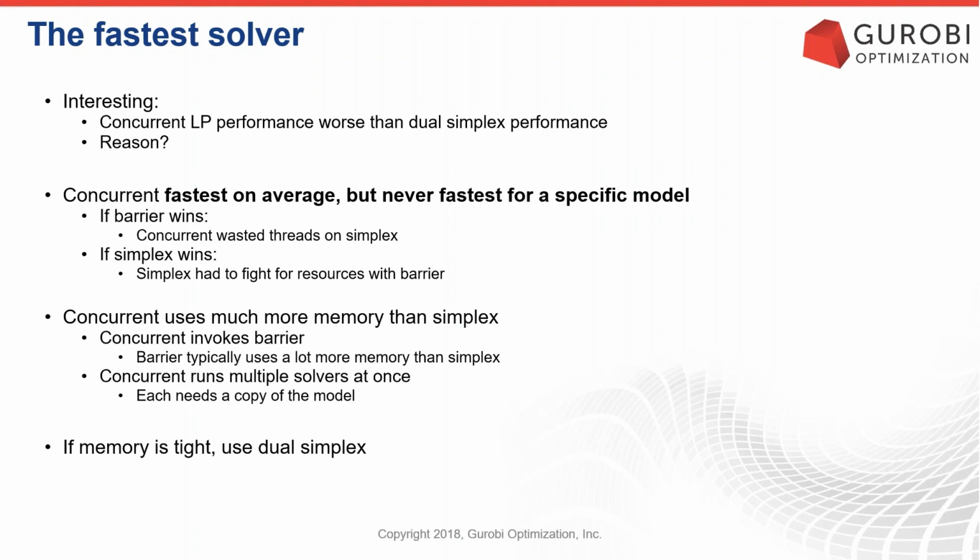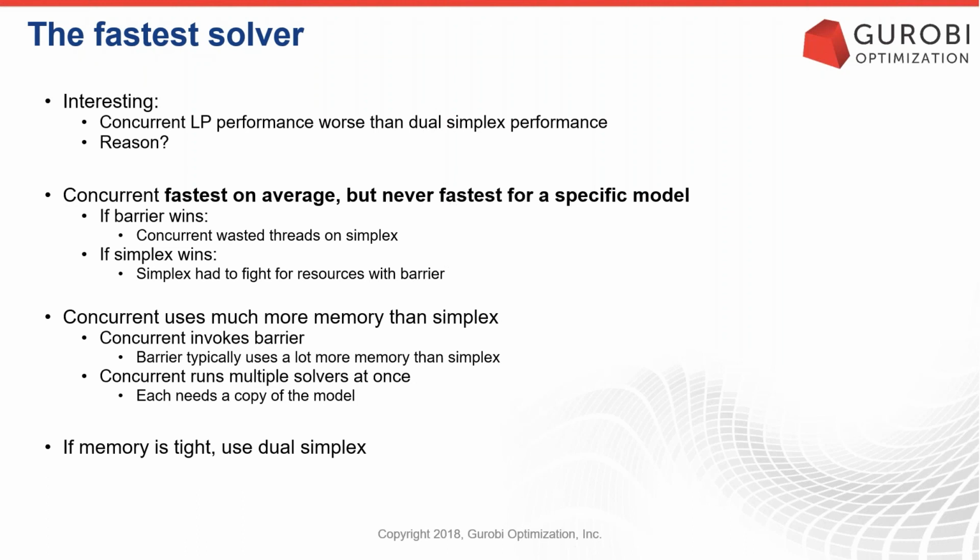If you run concurrent and barrier wins, that means barrier didn't use all available threads, so concurrent wasted threads on simplex. In a situation like this, it might be a good idea to switch over to only use barrier, and barrier can use multiple threads at the same time, and this is usually helpful to further improve performance.